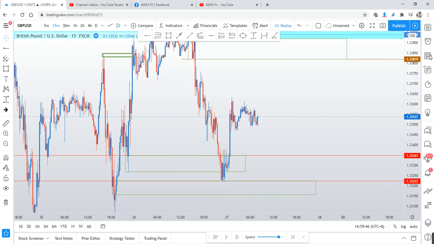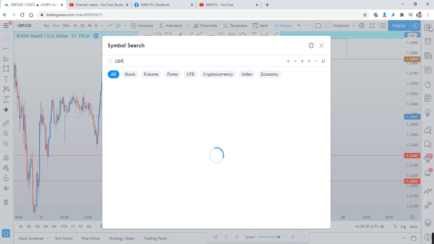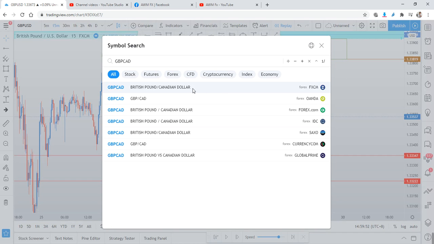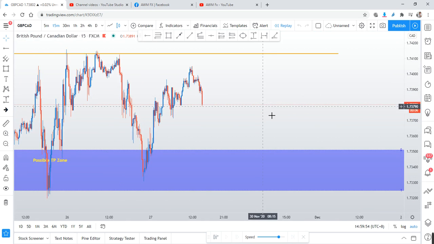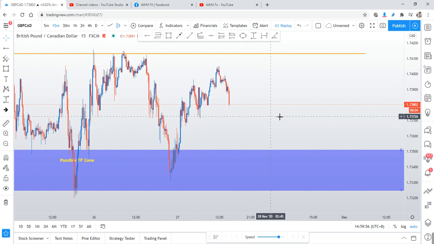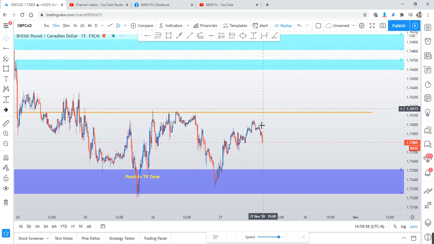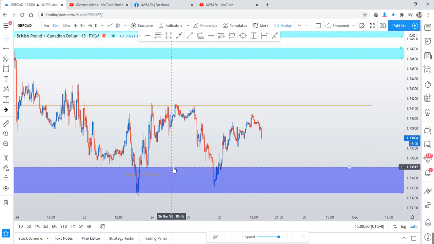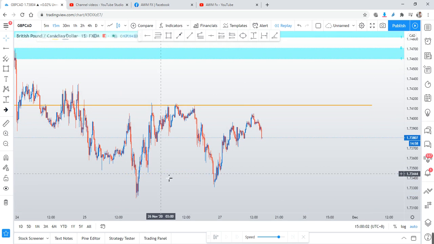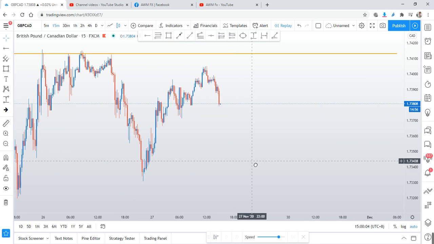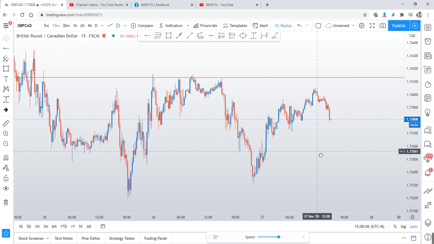So anyway, I have another one, GBPCAD. This trade makes me very, very sad. The reason is that there is another QM level 2 at this point.